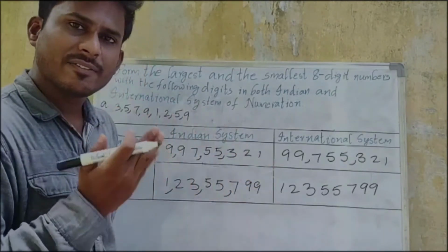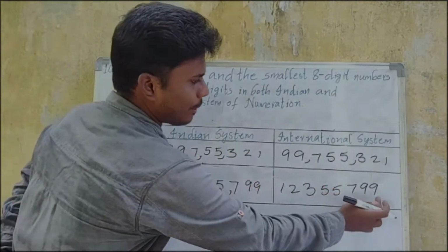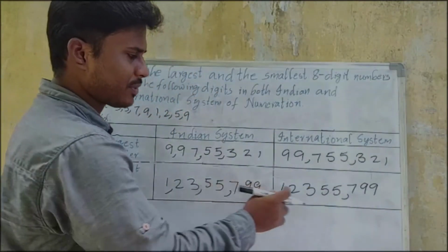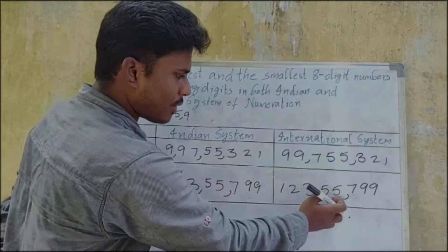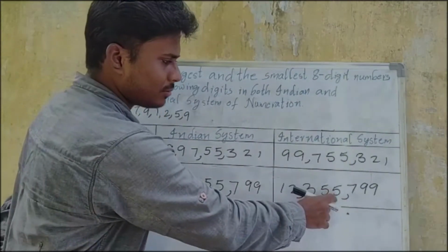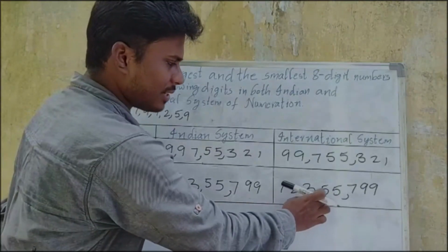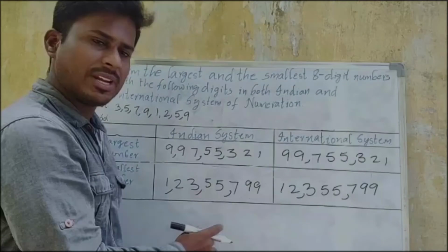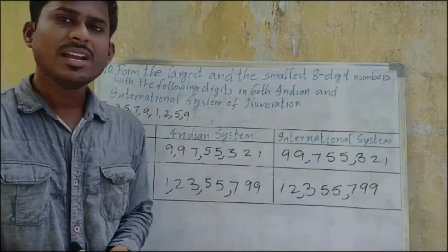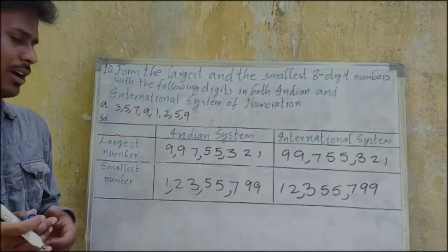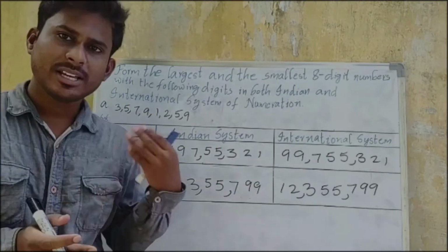So after every 3 digits, let us insert commas. 1 2 3, ones, tens, hundreds. Then 3 digits, 1 2 3. What are these places? Thousands, 10,000s, 100,000s. After that, the millions period, 2 places.